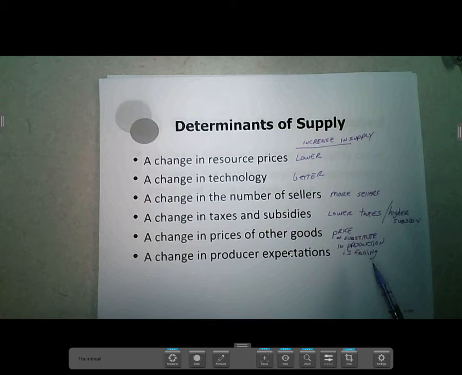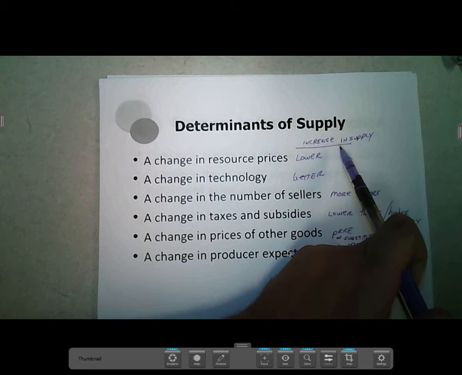I'll repeat that again. If a company can make cars or trucks using the same workers and same assembly line, etc., and if the price of those cars keeps falling further and further down, then firms are going to say, why would I make a car then? I'm just going to make trucks.